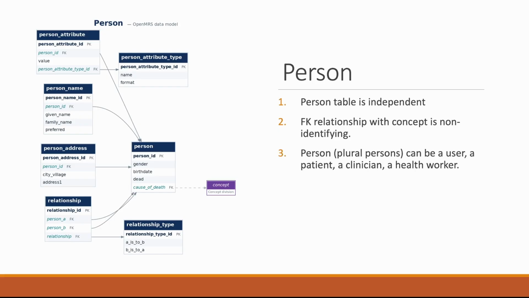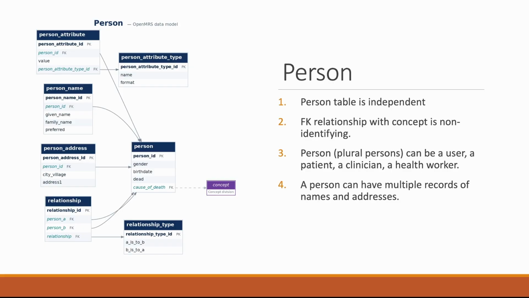Something to remember: person, again the plural is persons, not people. Any human in the system is a person. You can see that there's a person table, and then there's a person name table, there's a person address table. That looks like something strange.